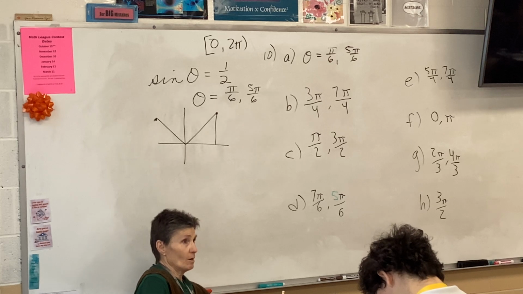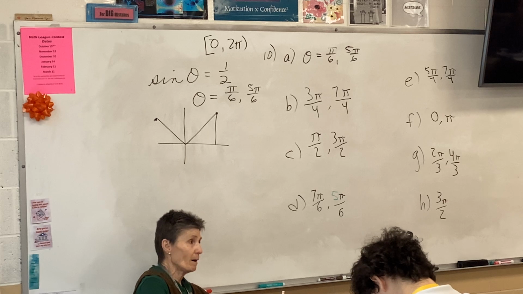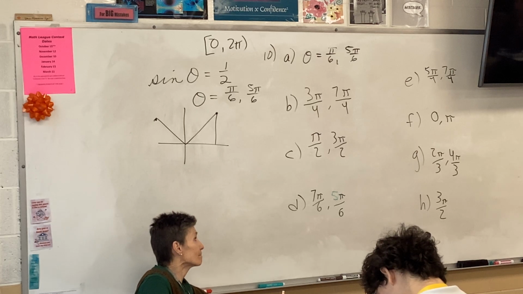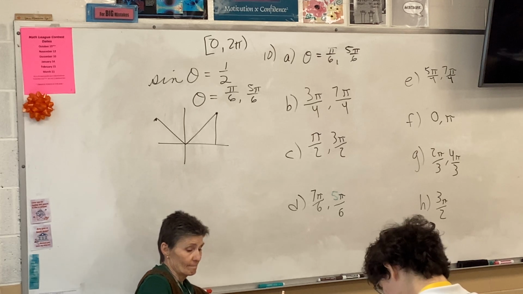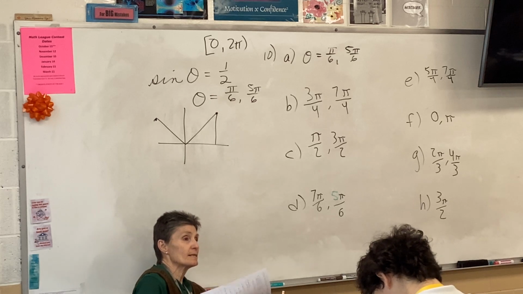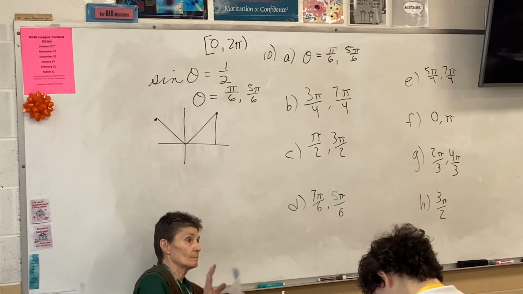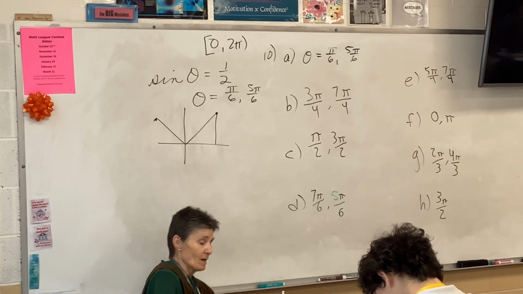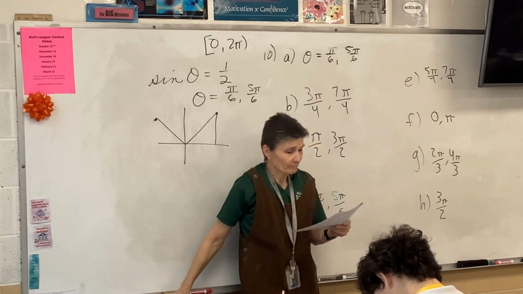Do remember though, if you're going all the way around the unit circle, 0 to 2 pi, you might have more than one answer. Okay, how are we? Are we all set there? Boys and girls? Good? All right, let's look at number 11.